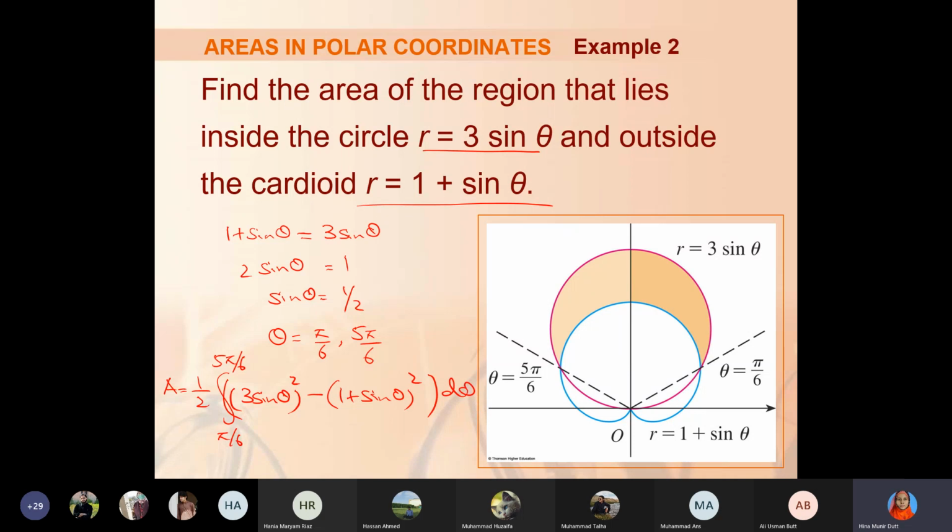Now simply open the square, simplify it, integrate it, and then put the limits. We can also make use of the symmetry by taking the limit from pi by 6 to pi by 2. You can find the area of this region and then double it.